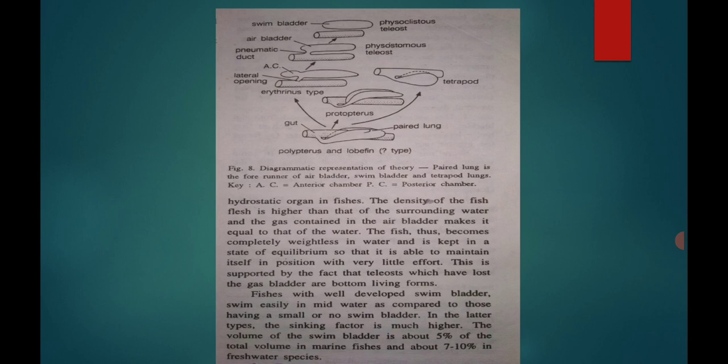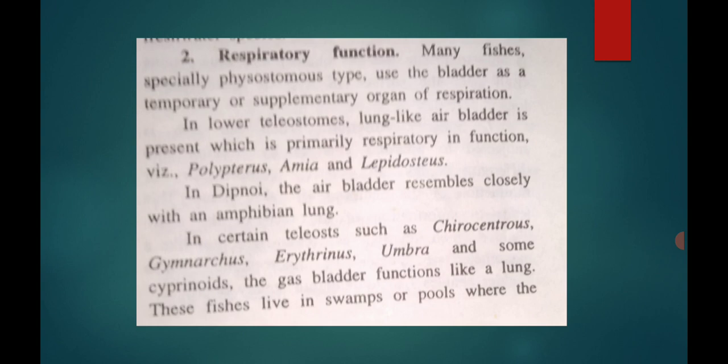Now the respiratory function: the air bladder or swim bladder functions in respiration. In many fishes, especially the Physostomous type, the bladder is used as a temporary or supplementary organ of respiration, in teleosts, the Dipnoi, certain Erythrinus, Umbra, and some cyprinoids.